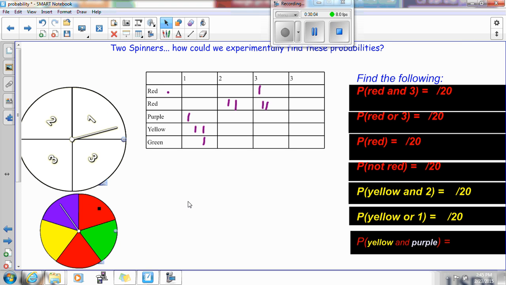A purple 1. I think that's 10 times, so we've got about 10 more to go.